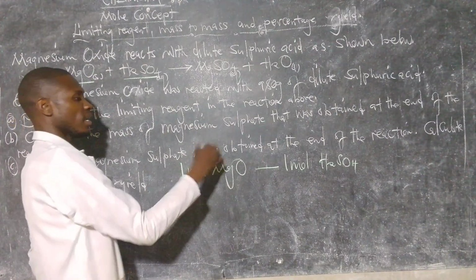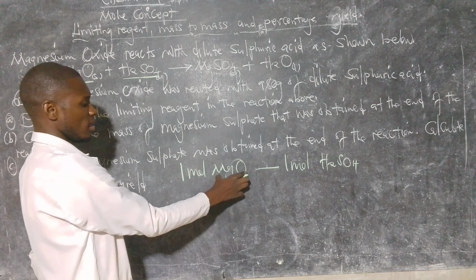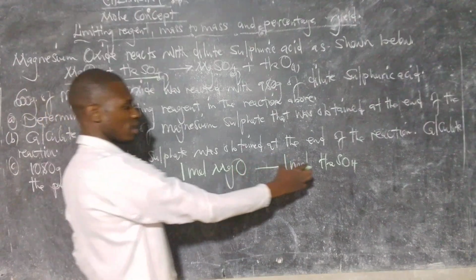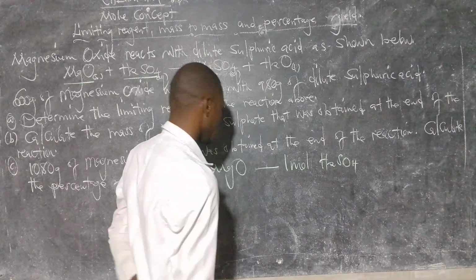Then the next step is to find the number of moles for magnesium oxide, and also the number of moles for sulfuric acid.